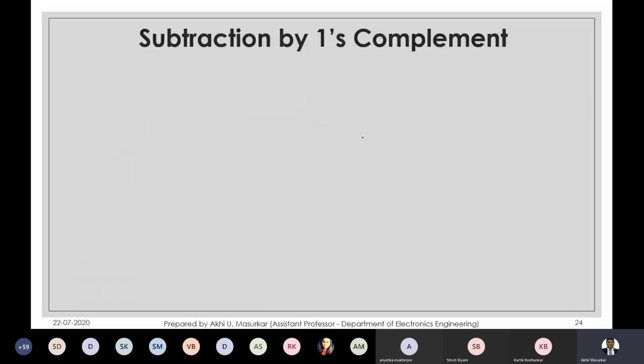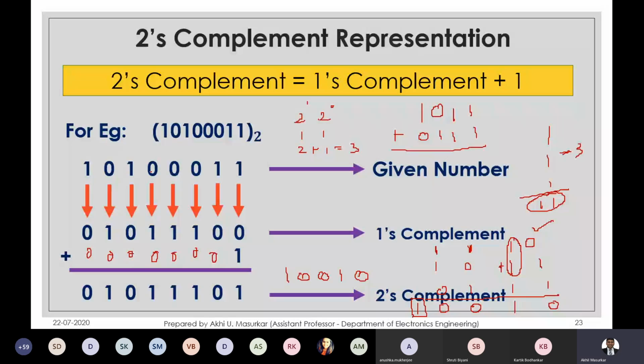Okay. What we'll do is, let's go to another number. So I want you to add 11101 and 101101. So add this and tell me the answer.